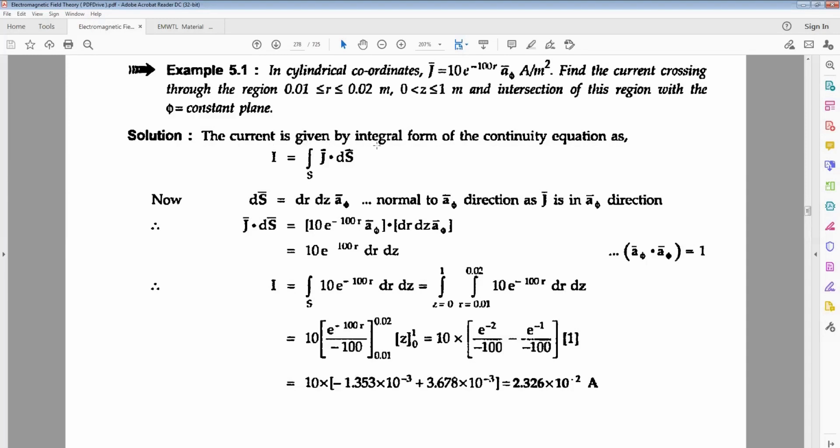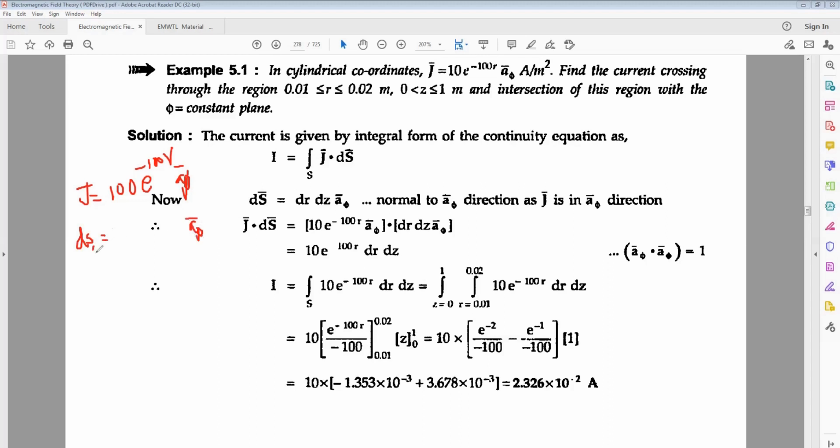Okay, the current is given by the integral form of the continuity equation as I is equal to integral J bar dot ds bar. Since the given function J is in the a phi direction, J is equal to 100 into e power minus 100 R a phi bar, so you can take the ds also in the a phi bar direction.